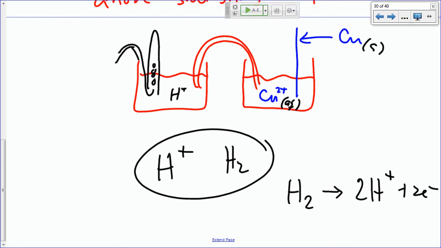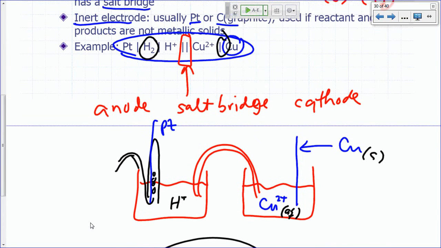That would be the oxidation. So I would have to stick a platinum wire in here for it to be able to conduct electricity. So that's what that cell diagram would look like.